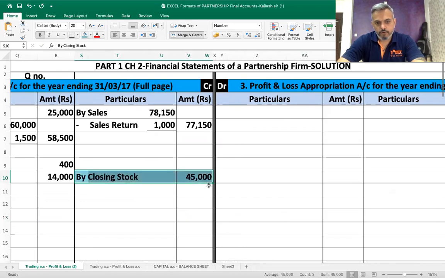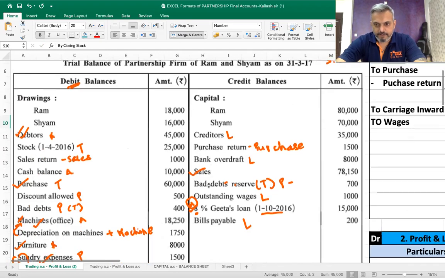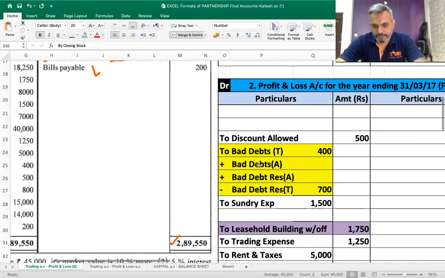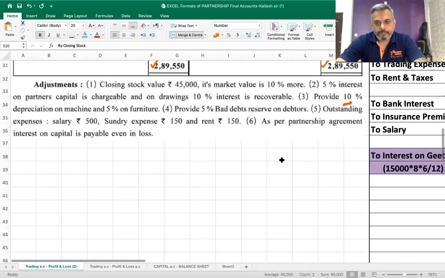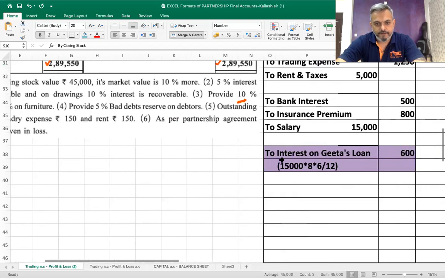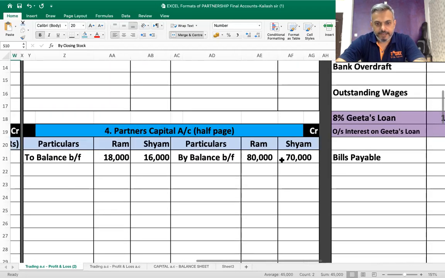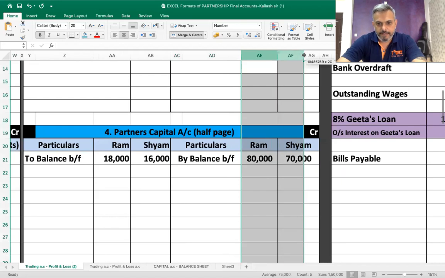Adjustments are marked blue. Okay, hidden adjustment purple. Bad debts is typical, I have used yellow to highlight it. Okay, then 5% interest on partners' capital is chargeable. Now interest on capital, very simple. Below capital, interest on capital.